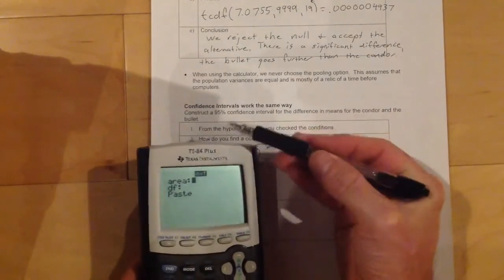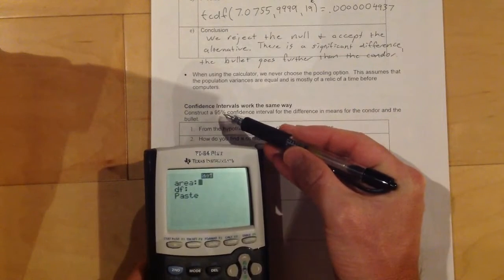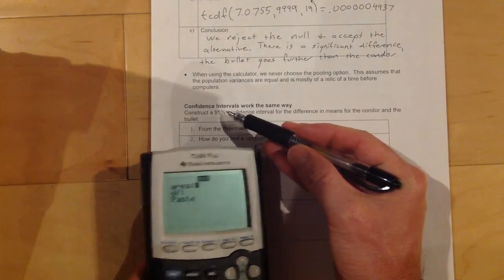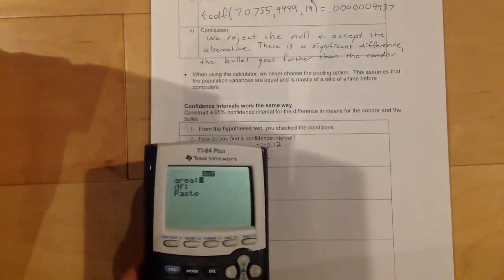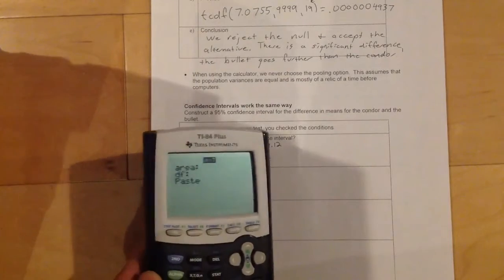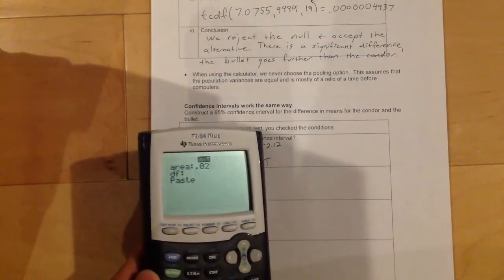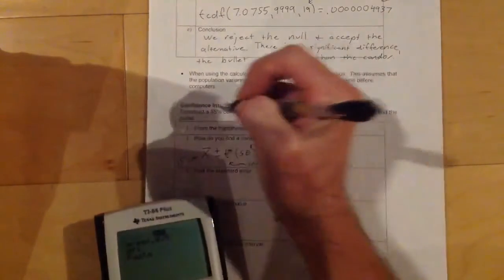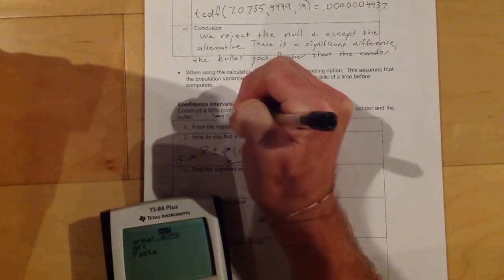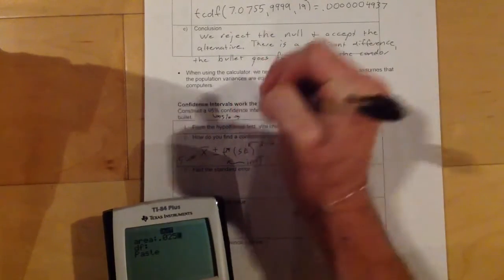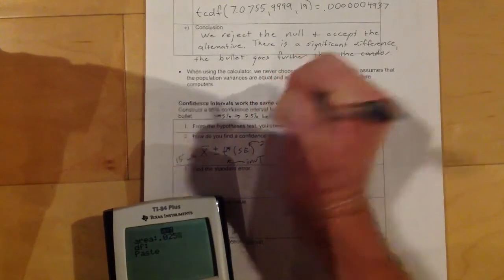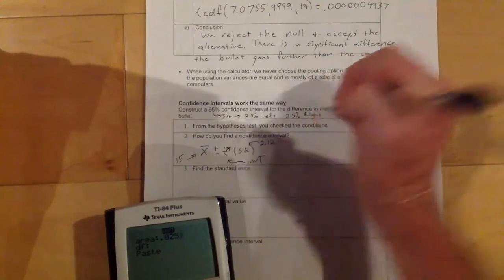Now again, if you're doing a 95% confidence interval, that means there's 5% left over, but that 5% gets split up between the left side and the right side. So our area is only going to be 0.025. Again, there's 5%, but then that gets split between 2.5% on the left and 2.5% on the right.